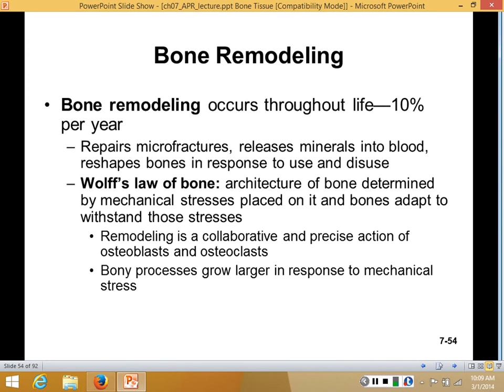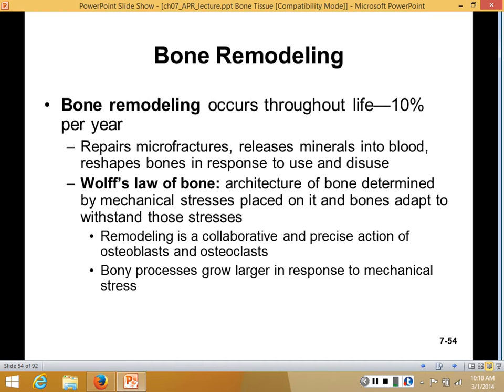Bone remodeling. Wolff's Law. My favorite part of this chapter, besides talking about your osteoblast, your osteoclast, your osteocytes, and your osteoprogenitor cell. Wolff's Law is on your next test. Bone remodeling occurs throughout life, 10% per year. Okay, let me just say this.